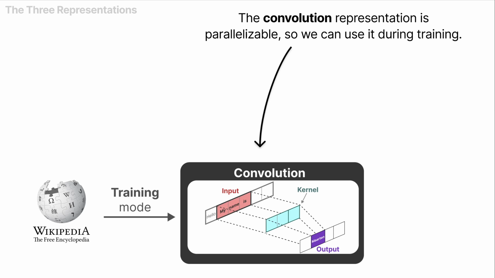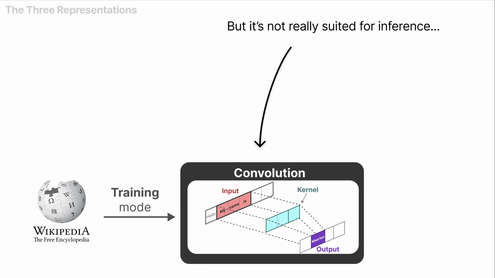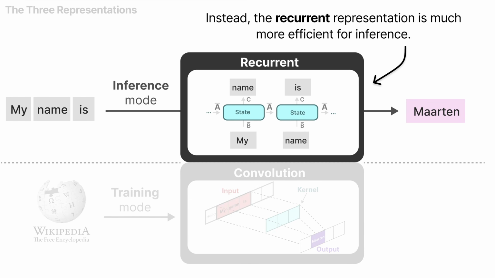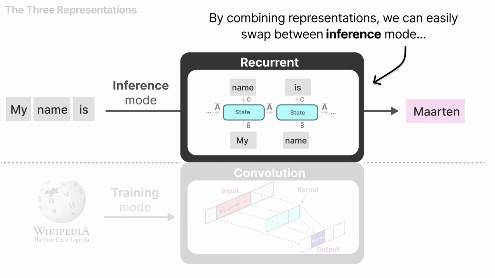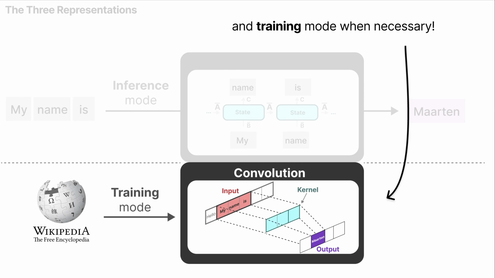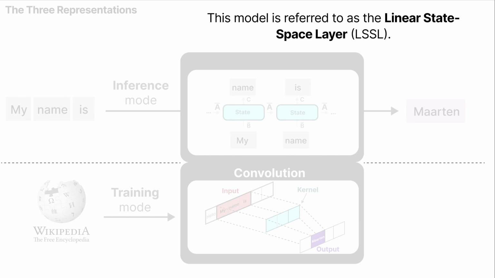The convolution representation is parallelizable, so we can use it during training. But it's not really suited for inference. Instead, the recurrent representation is much more efficient for inference. By combining representations, we can easily swap between inference mode and training mode when necessary. This model is referred to as the linear state space layer, or LSSL.